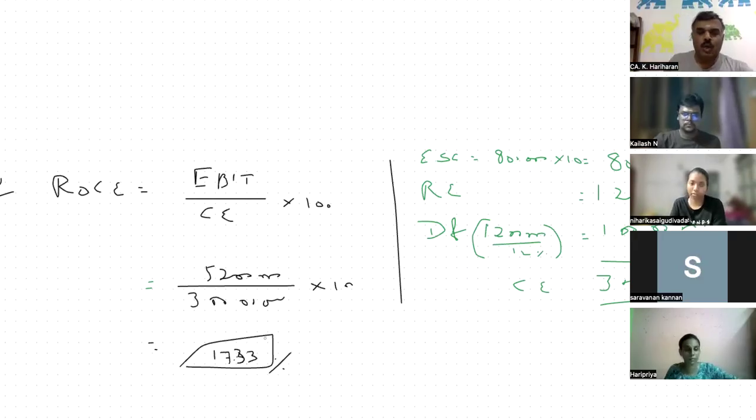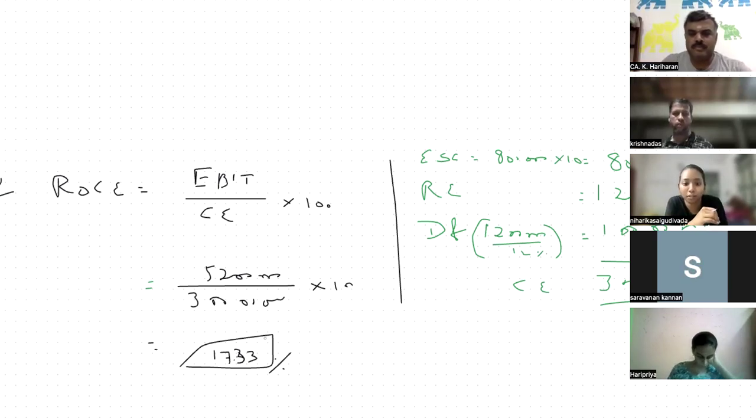If you go with a loan, how much is the loan amount? 40 lakhs. Then what could be the revised capital employed? 3 crore 40 lakhs.